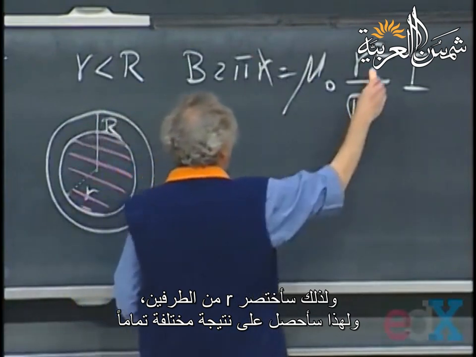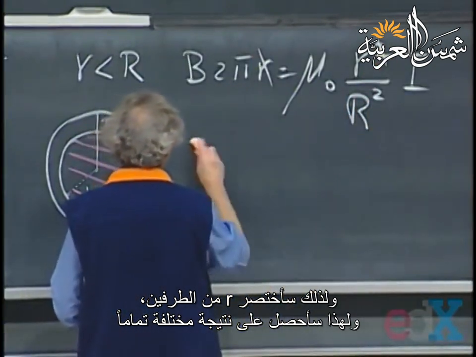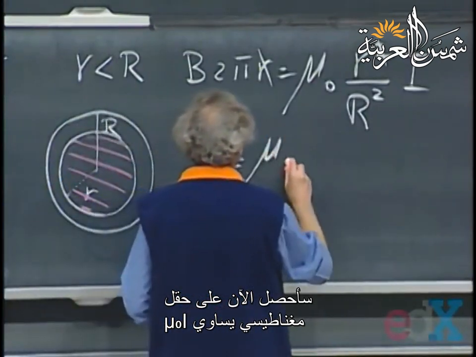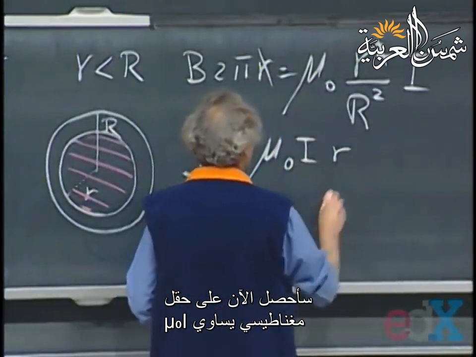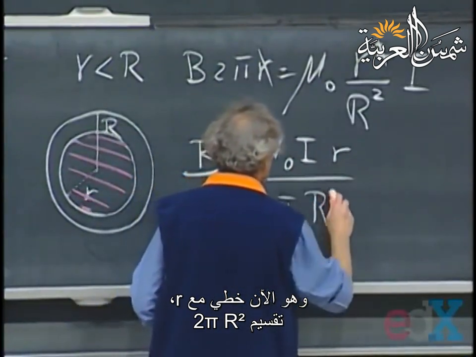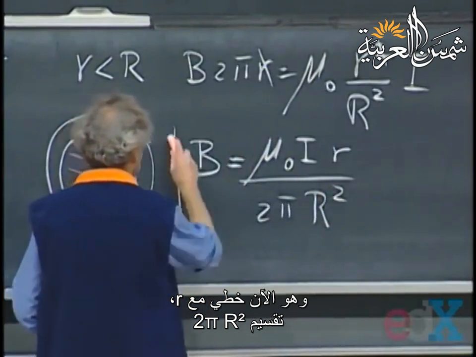And so I lose one r here, and so you get a very different result. You get that the magnetic field equals mu 0 times I, which is linear in little r, divided by 2 pi capital R squared.